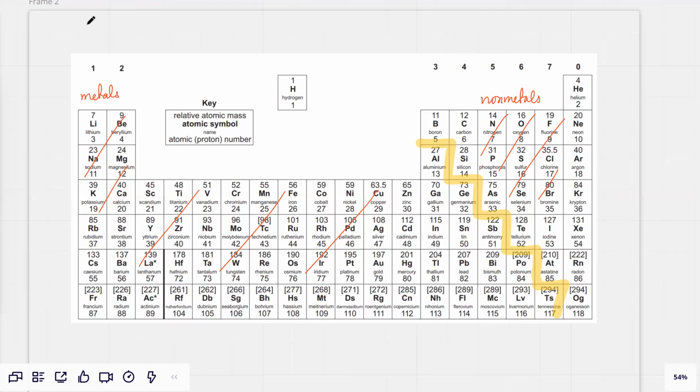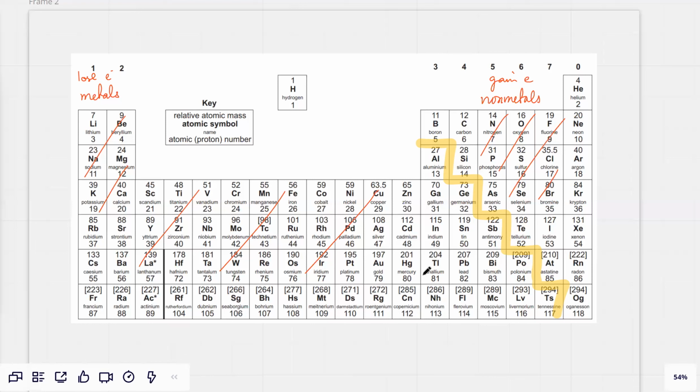They like to gain electrons, they like to lose electrons. But remember, the boundary is not that sharp. It's a gradual change. You move from metals to non-metals. When you move to the right, you develop this tendency to gain electrons. And these, they like to lose electrons.